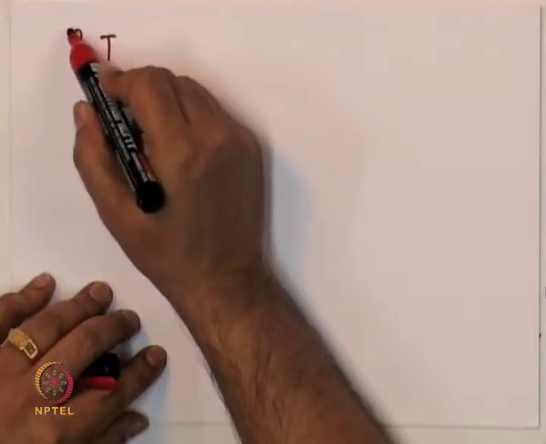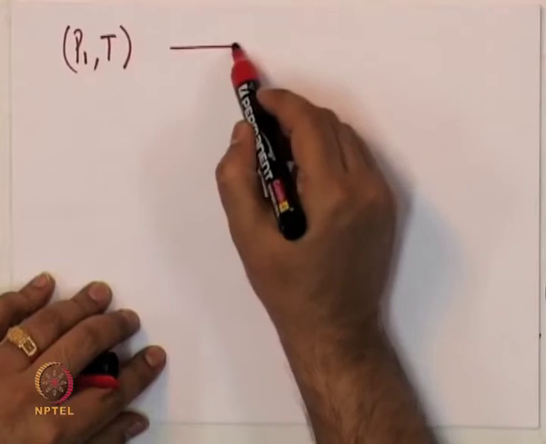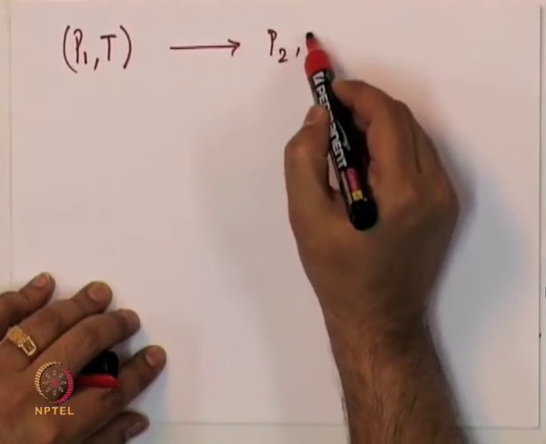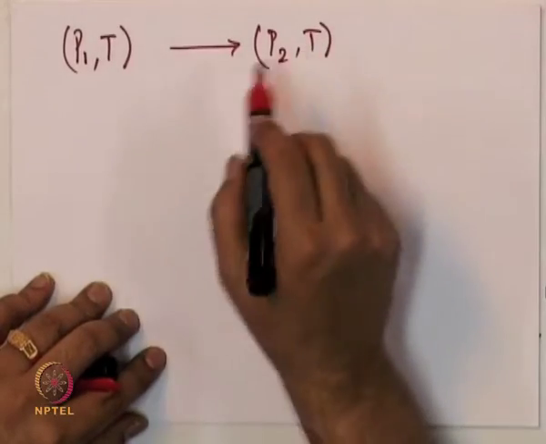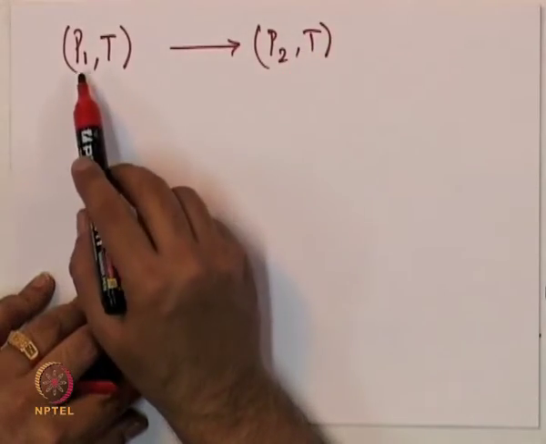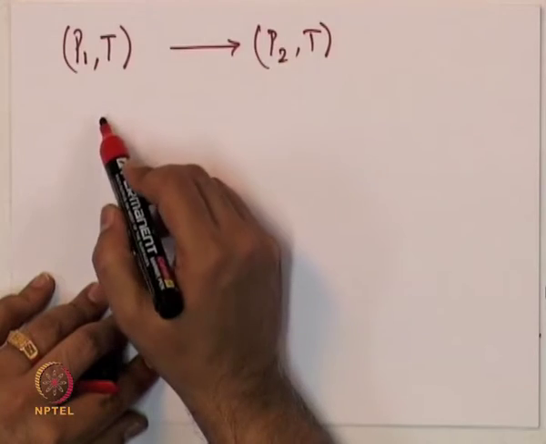So, the idea is as follows. Let us say that I take a system from state P1, T to state P2, T. Now, I want to calculate the change in enthalpy associated with going from P1 to P2.